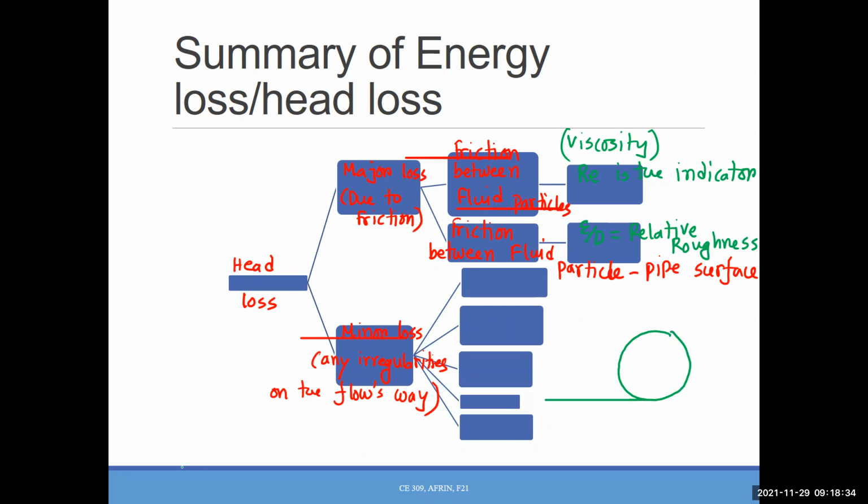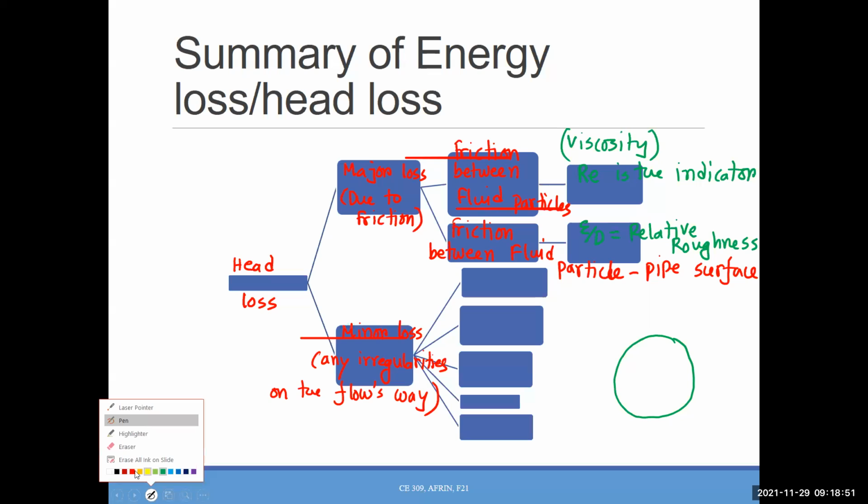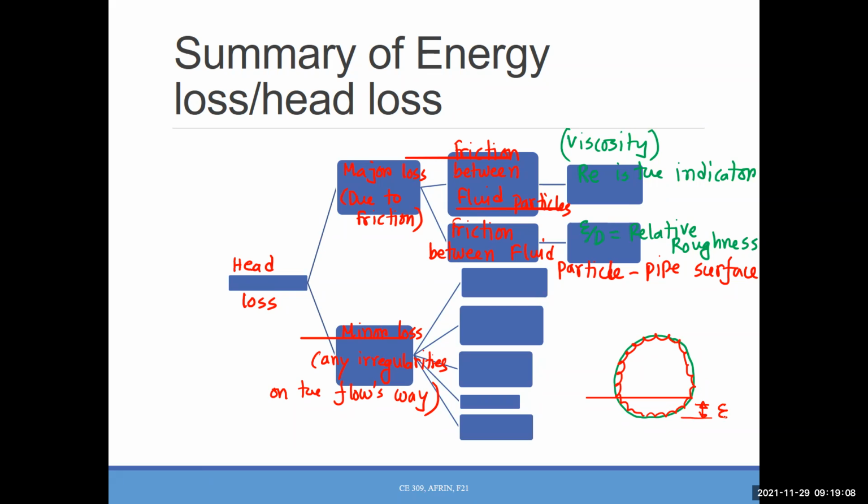Here it's not strain, but the notation is the same. All of you experienced a little bit of roughness inside the pipe, right? So suppose this is the pipe, and if I try to draw roughness here on both sides, the depth of this roughness, that is actually the epsilon.